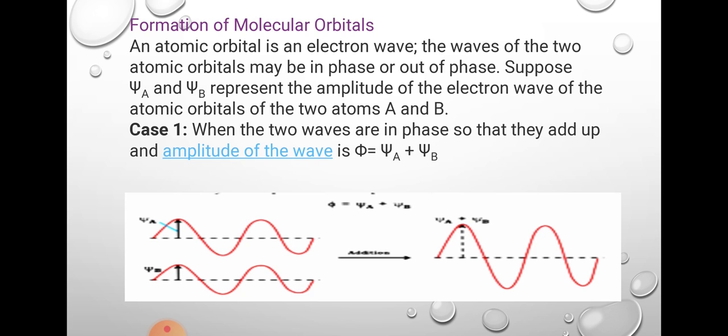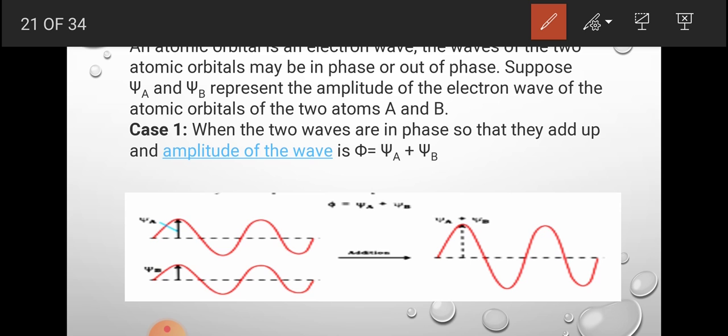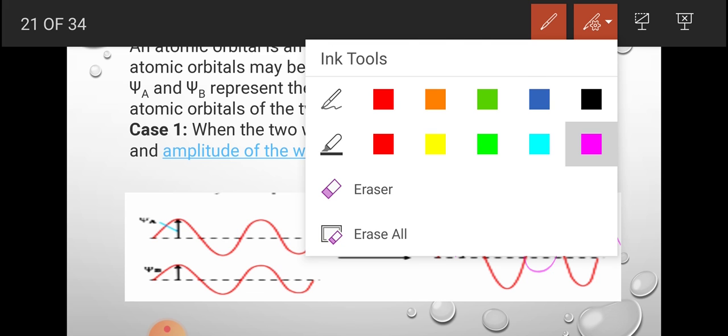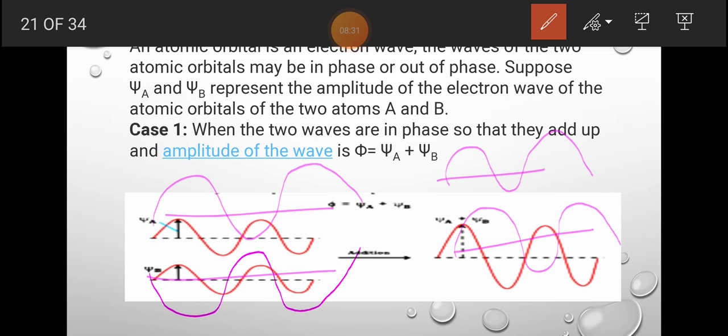The waves of the two atomic orbitals may be in phase or out of phase. I am saying that they can be in phase. This is in phase, and they can be out of phase also. This will be out of phase.